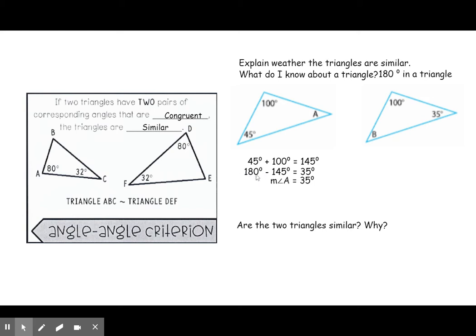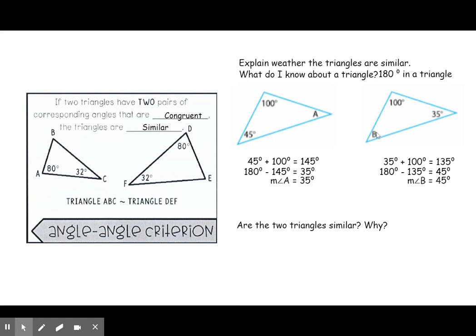If I do the same thing for the second triangle, it gives me two angles that add up to 135. Since the sum of all three has to equal 180, I subtract the 135 from 180, and that gives me my missing angle. In this case, angle B would be 45.